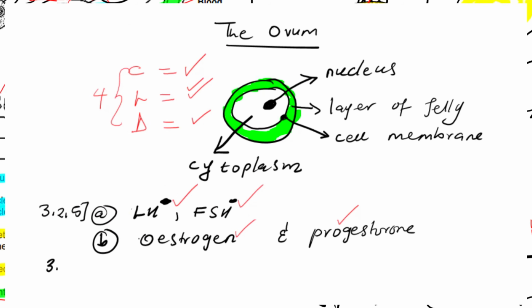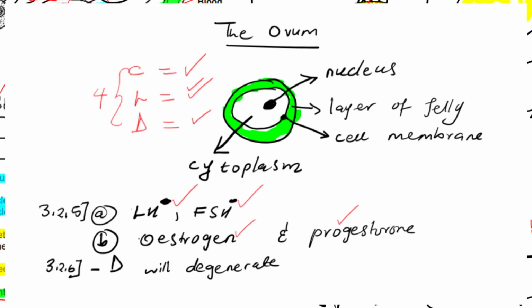So let me just write here 3.2.6. So now first of all, part D will degenerate. Part D, or you can say that the corpus luteum will degenerate, right? We want to know how will that make a new follicle to actually start to develop.